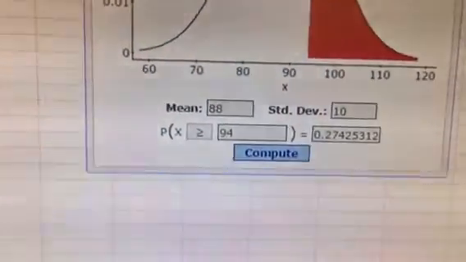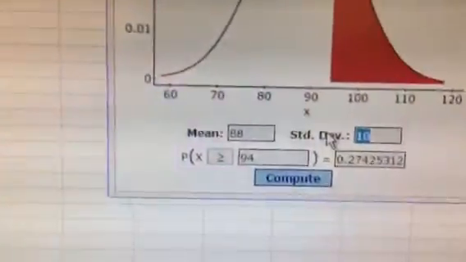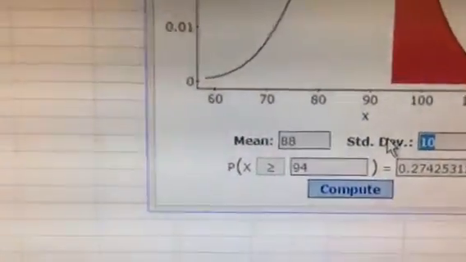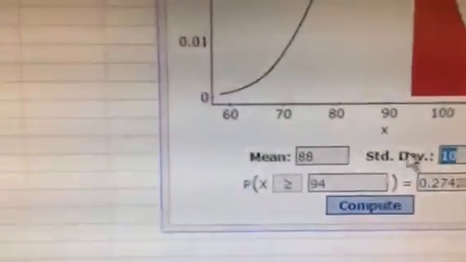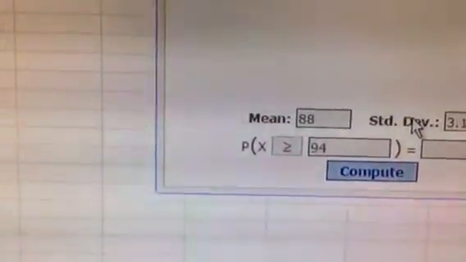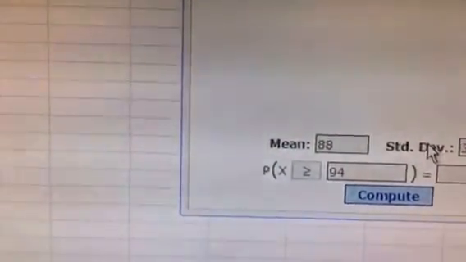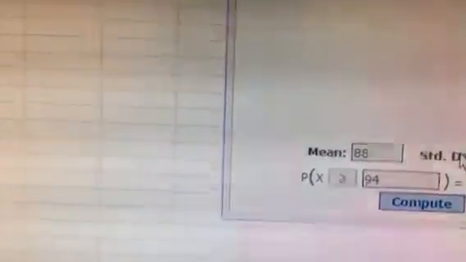Notice our problem over here will not change except for the standard deviation part. We're going to put in our new standard deviation that I calculated, which is 3.162277766. The more you can put in, the more accurate this will be.